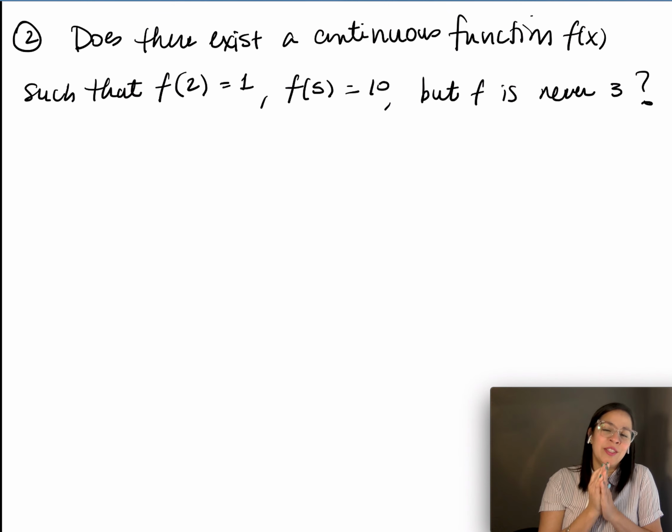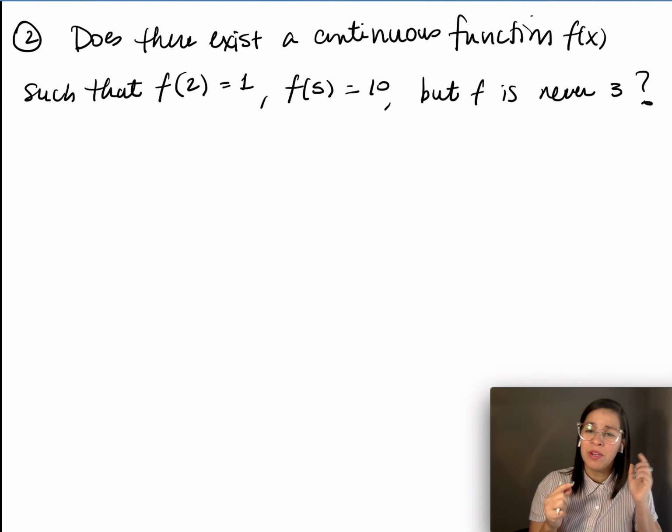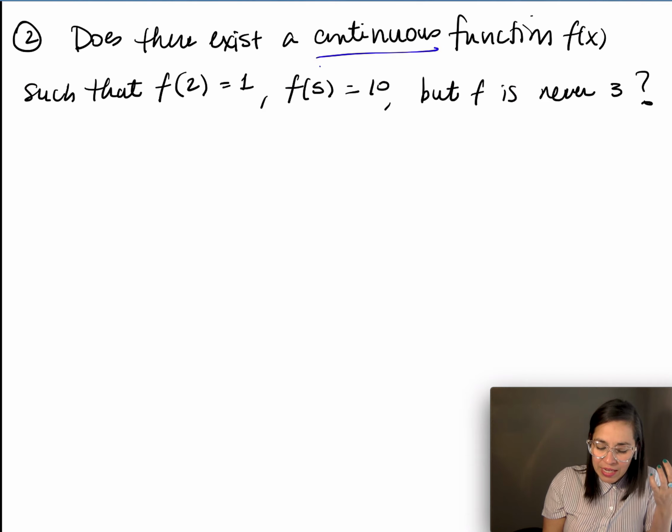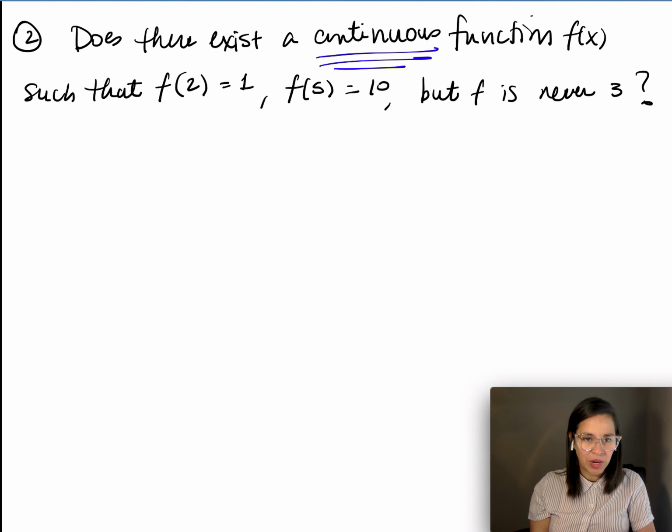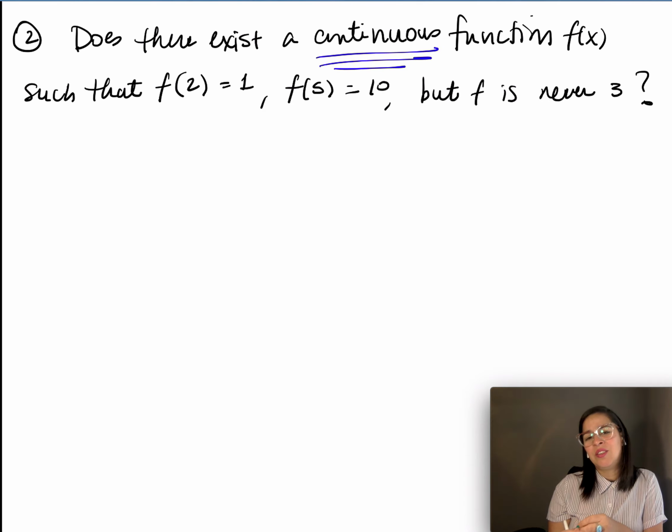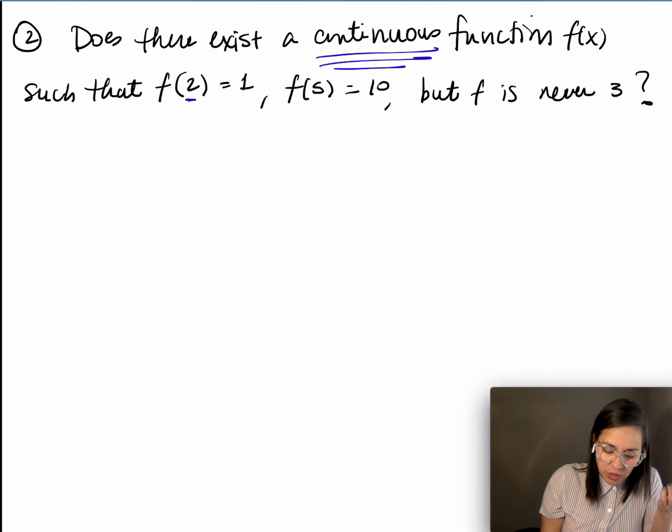Let's do another one. Does there exist a continuous function f(x) such that f(2) is equal to 1, f(5) is equal to 10, but f is never 3, okay? Well, this is a continuous function, so I can apply the intermediate value theorem. Actually, the fact that it is continuous, I can just say it is continuous in between 2 and 5.